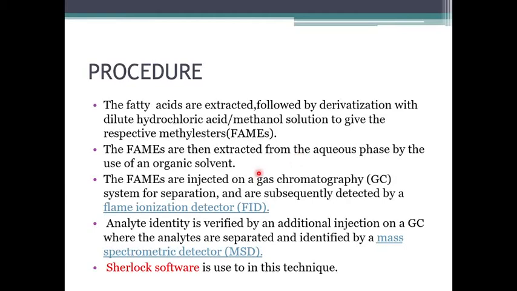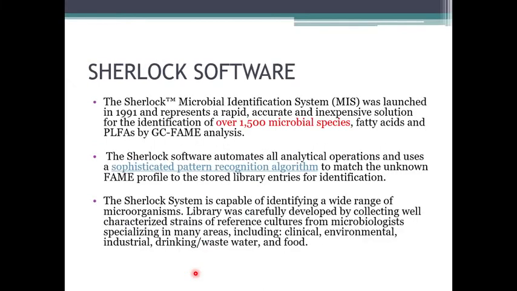This is done by a software called the Sherlock software. Now, what is this Sherlock software? Sherlock software was launched in 1991 and it has a rapid, accurate, and inexpensive solution for the identification of over 1,500 microbial species, fatty acids, and PLFAs by GC-FAME analysis.